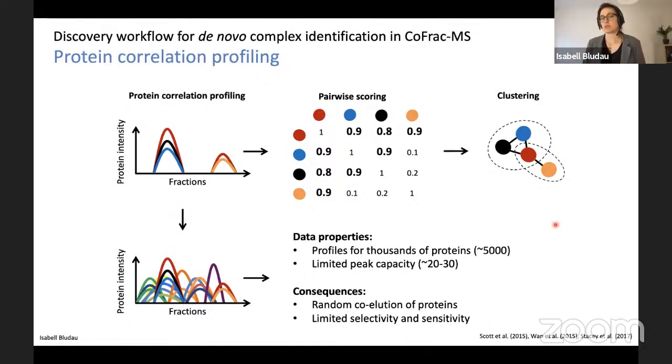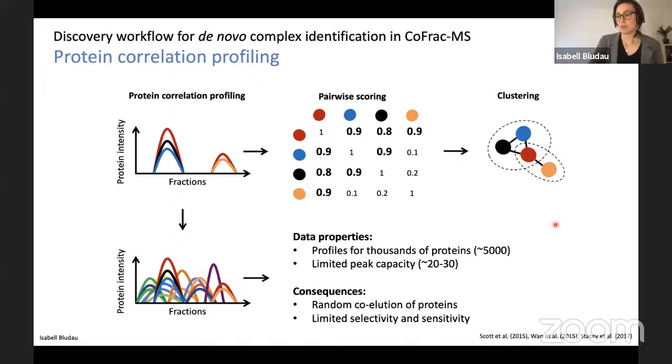You try to best recover these known complexes, and then based on this, train the machine learning algorithm to group proteins according to the results that you optimize for these known complexes in the reference database.